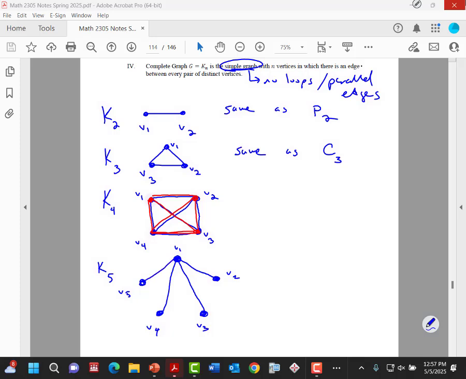I need to be able to get from V2 to V3 to V4 to V5. I need to be able to get from V3 to V4 or V5. And I also need to be able to get from V4 to V5.